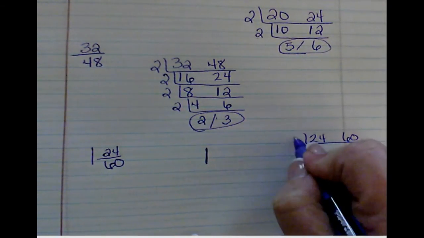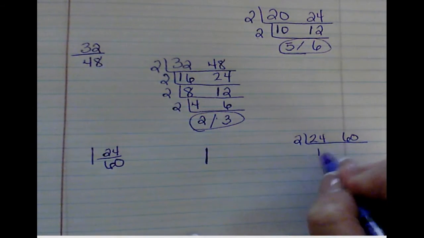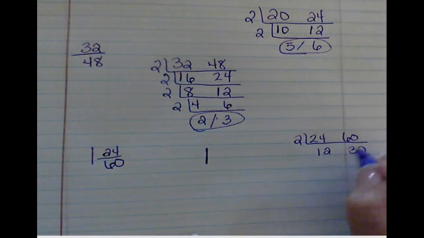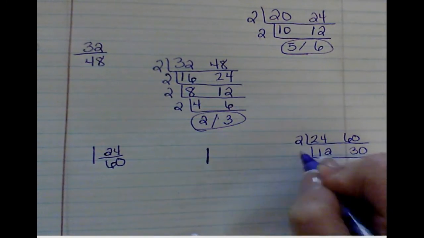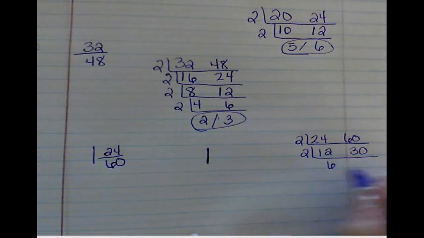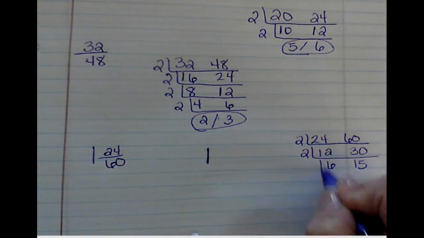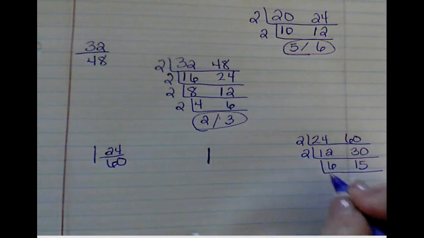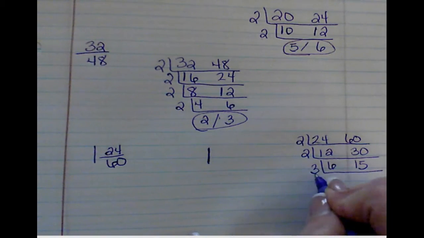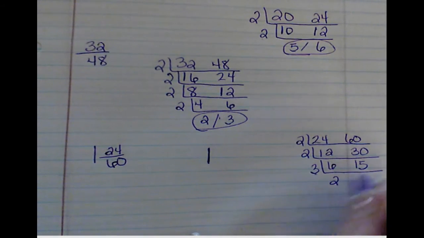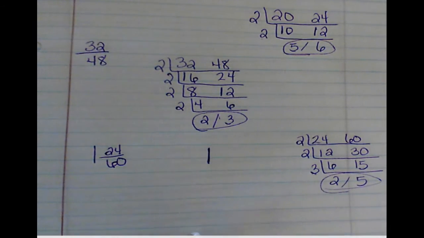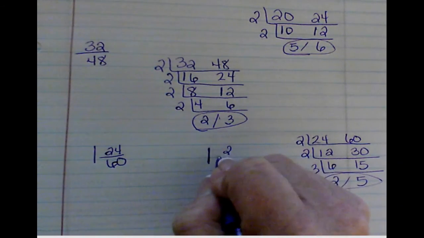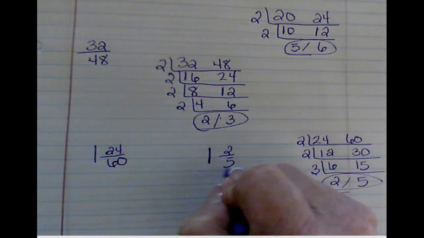I can divide both of these by 2, 12 and 30. I can divide by 2 again, and 6 and 15. But now I can divide by 3. 6 divided by 3 is 2. 15 divided by 3 is 5. So this is my simplified fraction. So the answer will be 1 and 2/5.